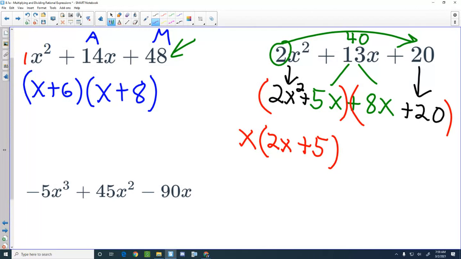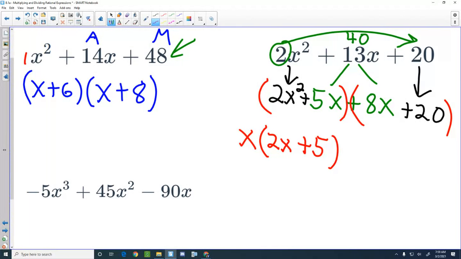Okay, so now we have to look at the second grouping, the third and fourth term on the previous line. That's the 8x plus 20. Do 8x and 20 have a common factor? And we want the greatest one. What's the greatest common factor of 8x and 20 that you can divide out of both of them? A 4? A 2? Do you want the 4 or the 2? We want 4, right? You want the greatest common factor.